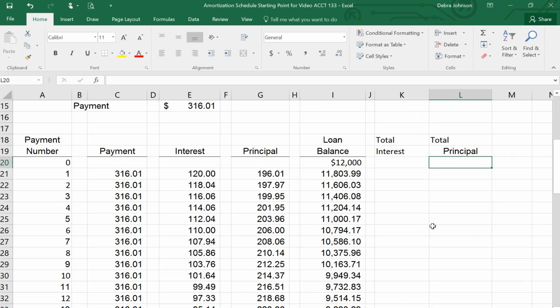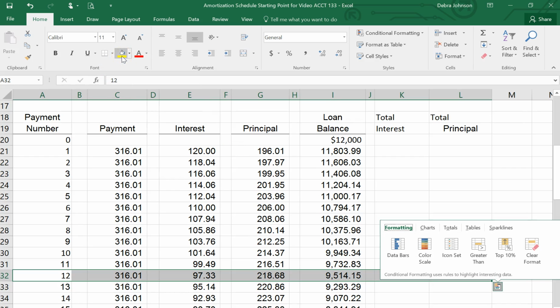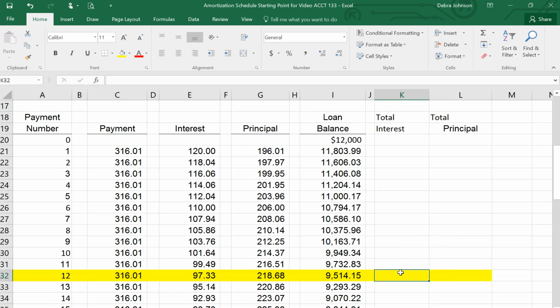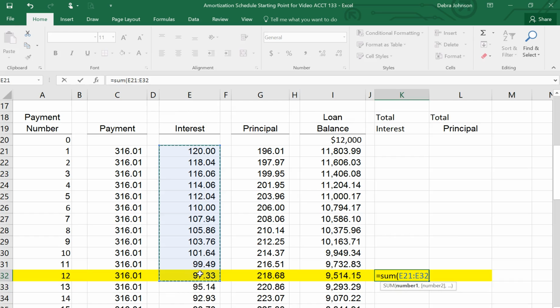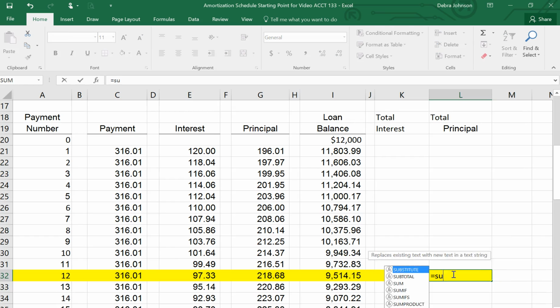And I will calculate it at the end of every 12th month or year's time period. I'll put some color in here just so you can see it better. So the total interest for the first year would be the sum of all the interest payments from periods 1 to 12, and the total principal of the first year would be the sum of all the principal payments from month 1 through 12.